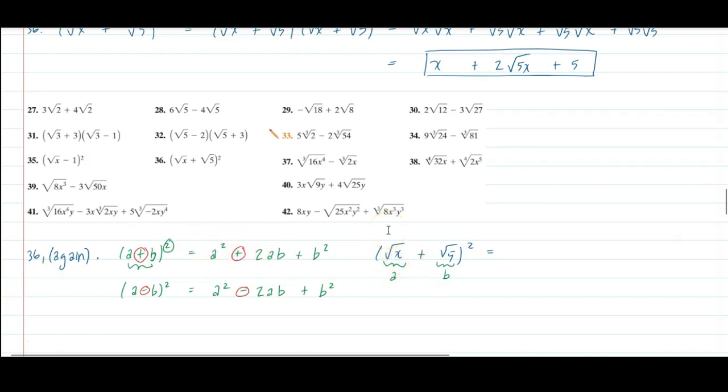What we're really saying is the root of x squared. So let me write it right below. That really represents a squared. Then you write the addition sign, because there's an addition sign right there. Then you do 2 multiplied by the first term multiplied by the second term. And finally, you do the root of 5 squared, the last term squared.